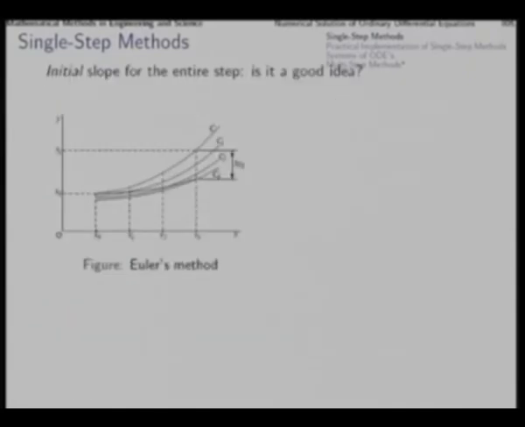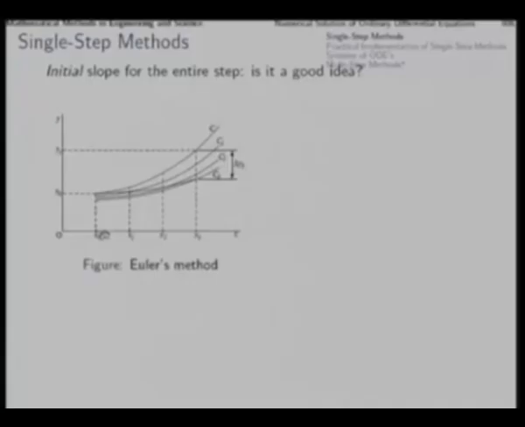First of all, consider this situation: dy by dx equal to f of x, y with an initial condition given at x0, the value of y is y0.